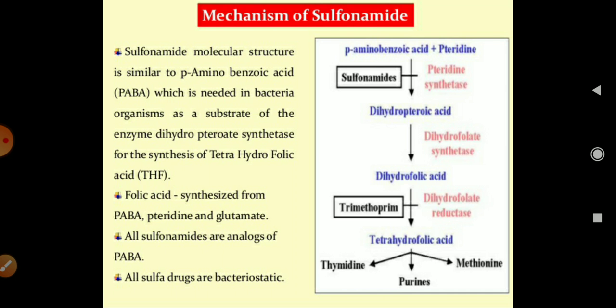and it will give dihydropteroic acid. The dihydropteroic acid, through dihydrofolate synthesis, will give dihydrofolic acid, and after that by dihydrofolate reduction it will give tetrahydrofolic acid, and further it will give thymidine, purine, and methionine.